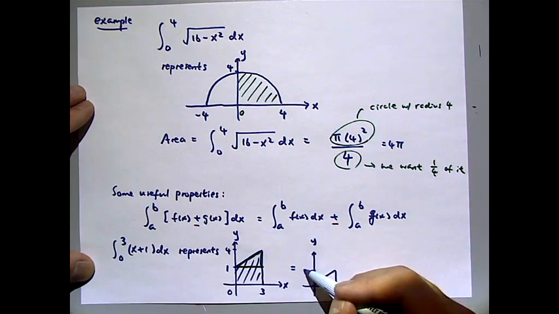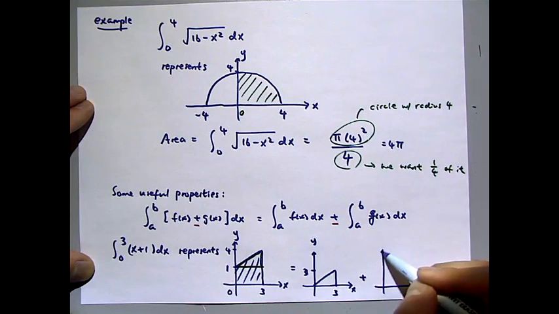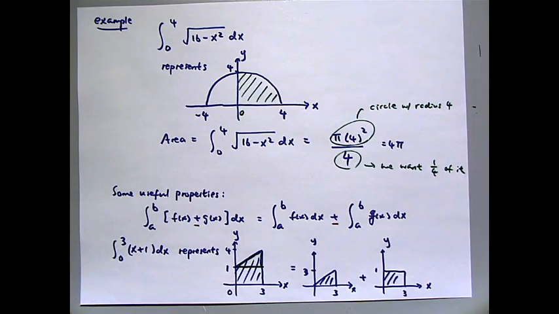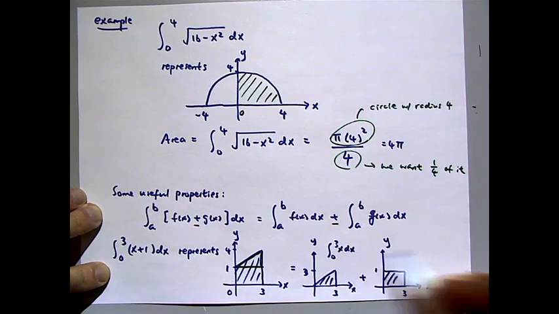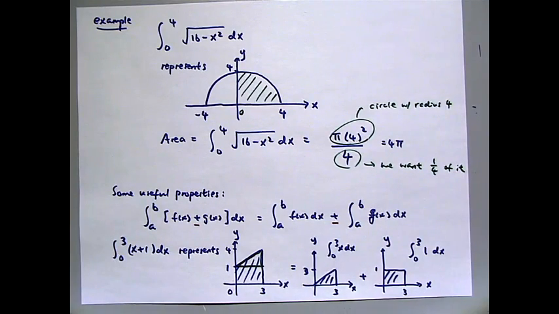Plus that. Okay, so that's the idea behind that. If you have two things stacked together, the total area underneath can be chopped up by just taking them apart. So this right here is representing 0 to 3 x dx. And then this guy here is representing 0 to 3 of 1 dx. Right? You get a triangle, you get a rectangle, stack them together any way you want, and you get a total combined area.